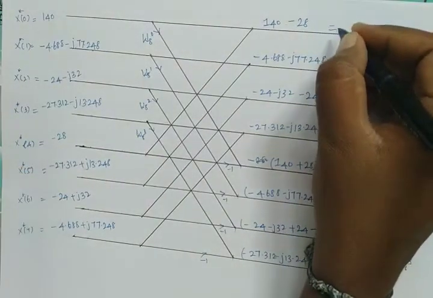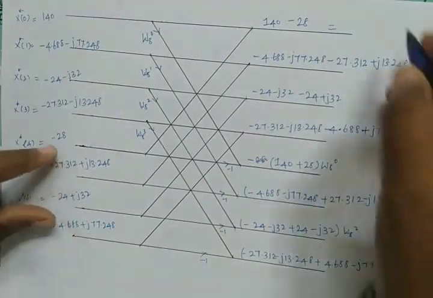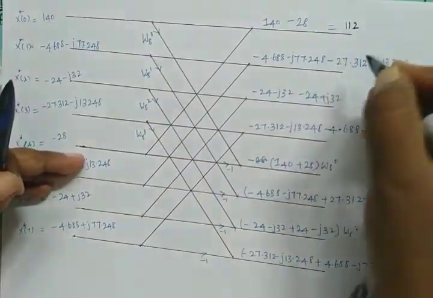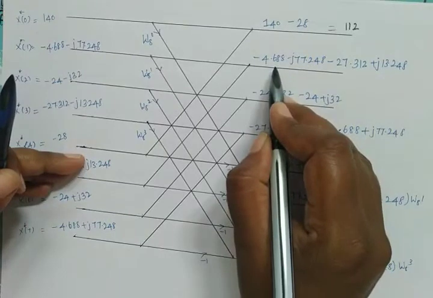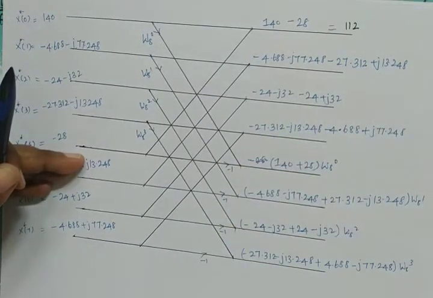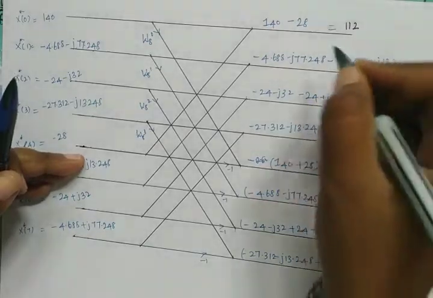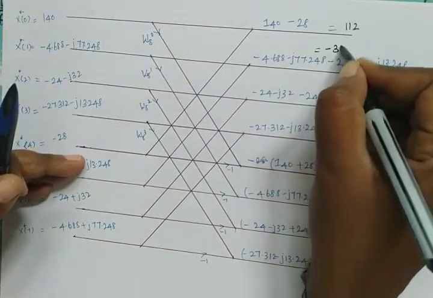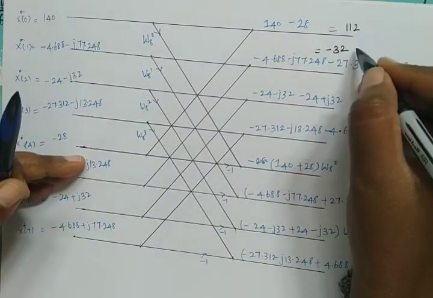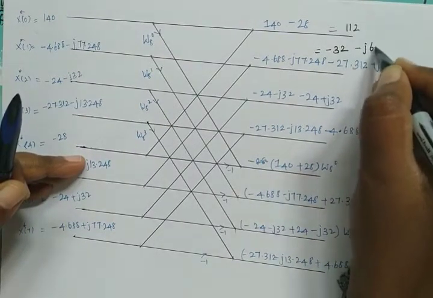Now what is 140 minus 28, which is equal to 112. And here check here, minus 4.688 minus 27.312, which is equal to minus 32. Then here minus, and here we have plus, so that will be equal to minus j64.